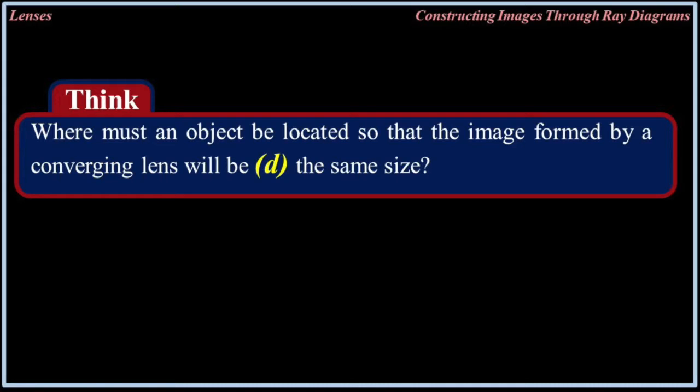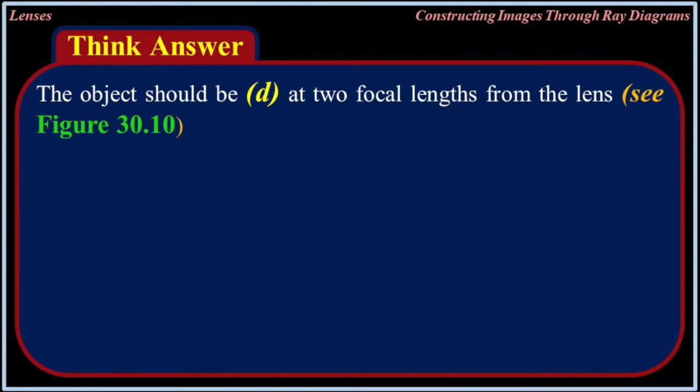Where must an object be located so that the image formed by a converging lens will be D, the same size? The object should be D, at 2 focal lengths from the lens. See figure 30.10.